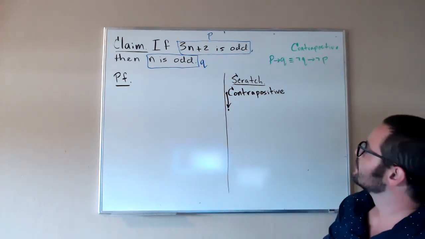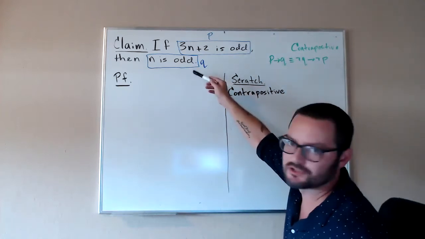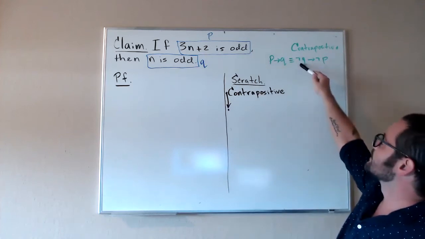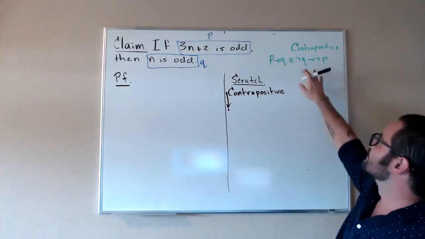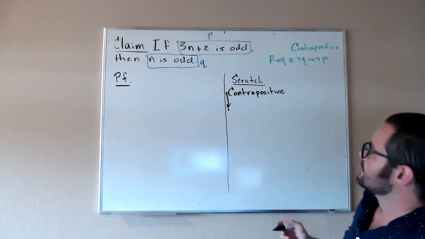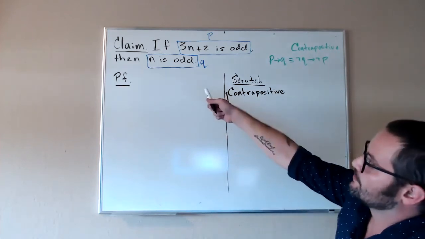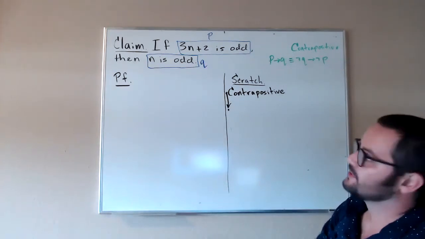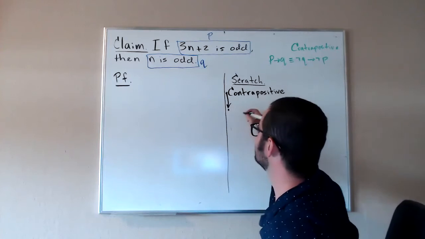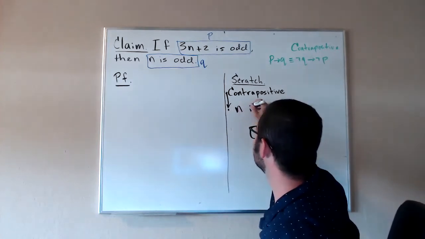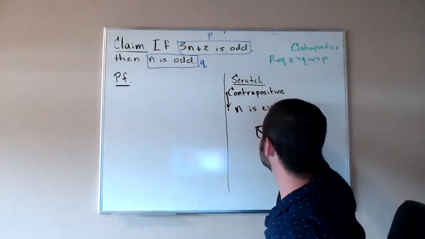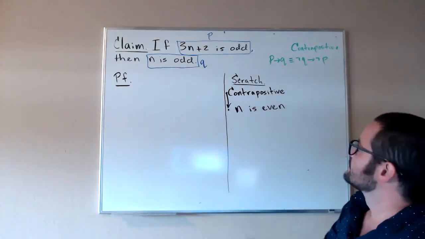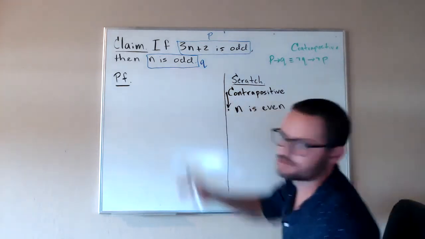We assume the negation of the conclusion, and we show that that implies the negation of the hypothesis. Not the conclusion implies not the hypothesis. So we assume n is not odd. We're going to assume the negation of this statement here, so we assume n is even. All integers are either even or odd. So this is the negation of the conclusion of the original claim.